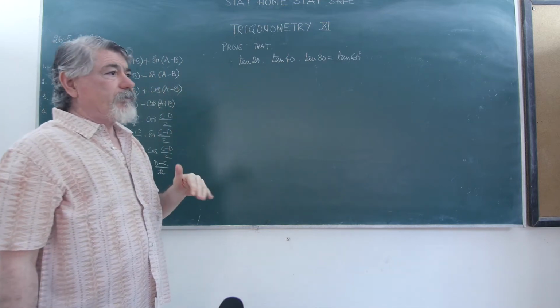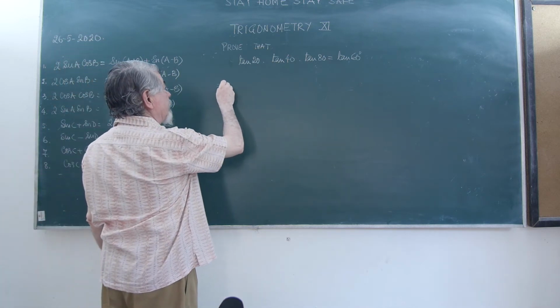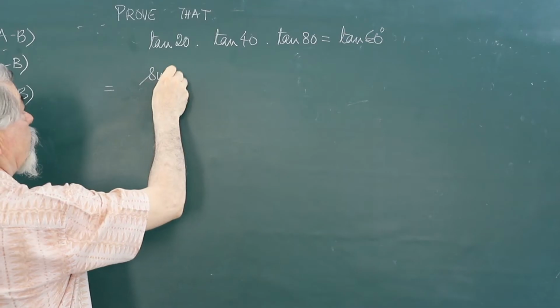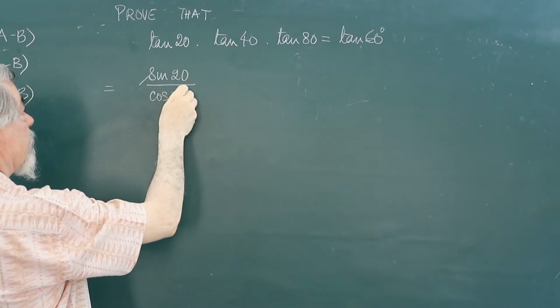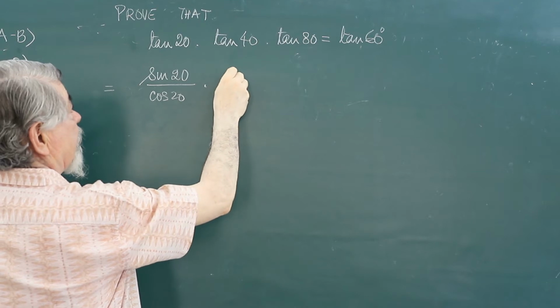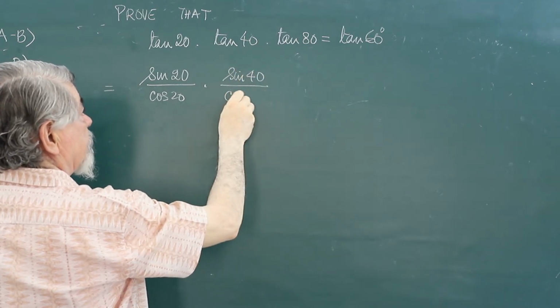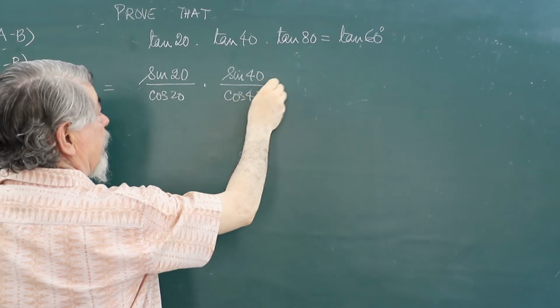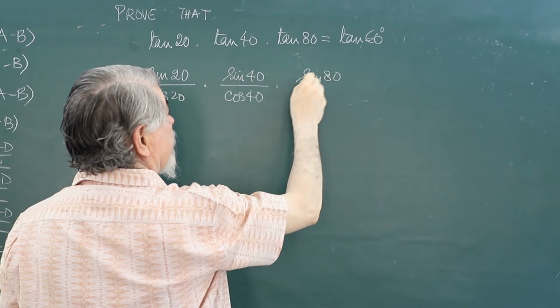So what we do is we convert them to sine and cos. I will write tan 20 as sine 20 upon cos 20, tan 40 as sine 40 upon cos 40, and tan 80 as sine 80 upon cos 80.